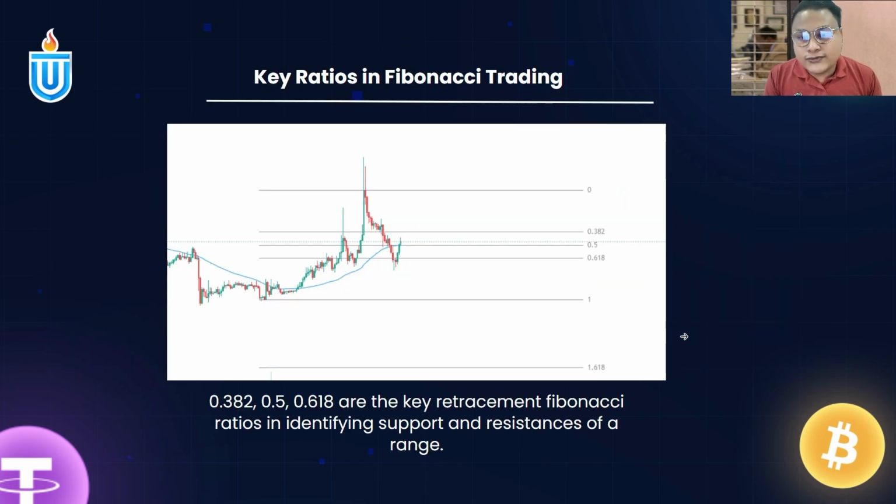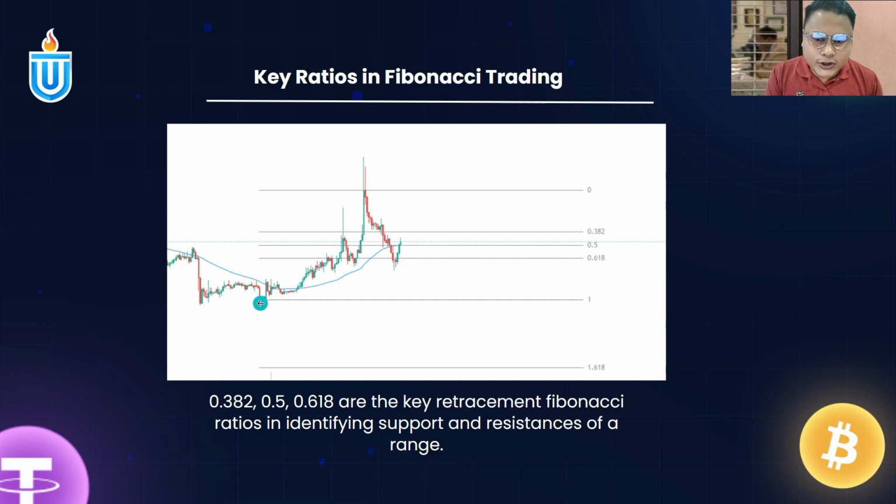So, yun. Yung key Fibonacci ratios in technical analysis are 0.382, 0.5, and 0.618. And usually, ginagamit yan as support and resistance of a range. For example, dito, meron kang trading range. Usually, ginagamit yan to spot support levels using the Fib ratios. Yung 0.618, 0.5, and 0.382.